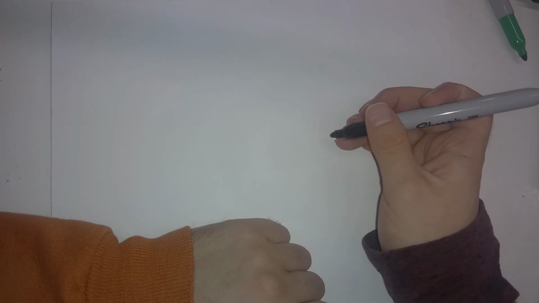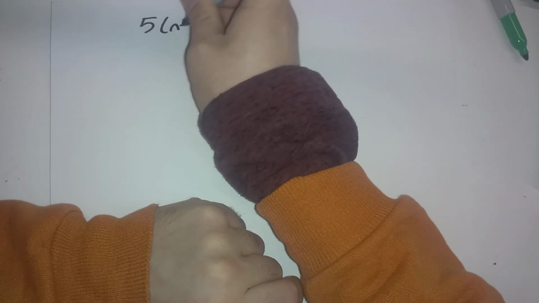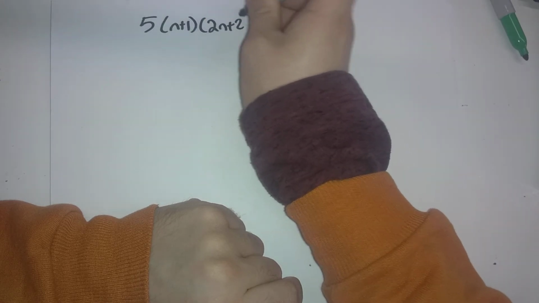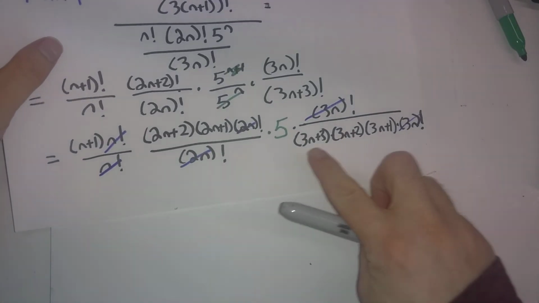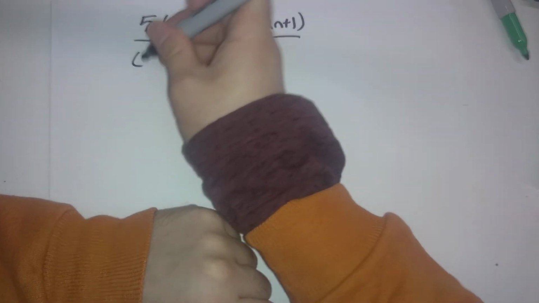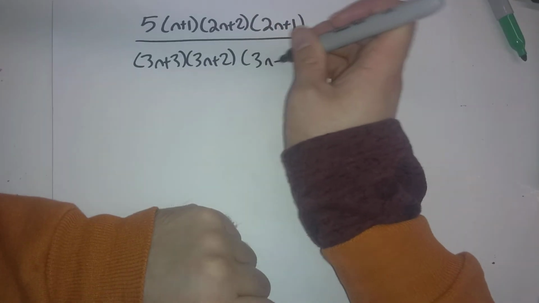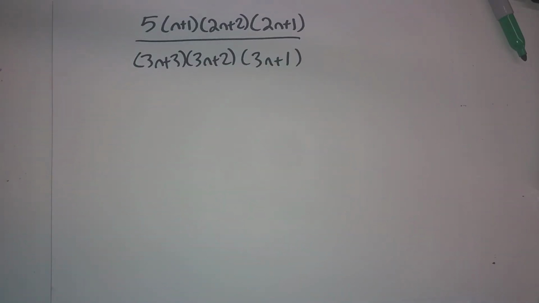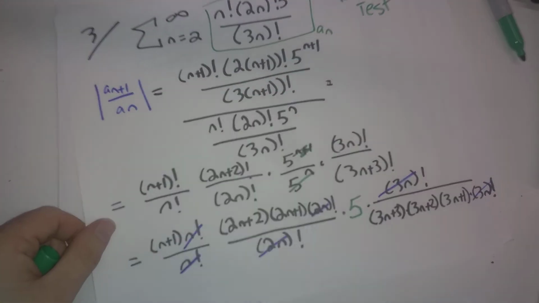We end up with the ratio: 5 times (n plus 1) times (2n plus 2) times (2n plus 1), and downstairs, we have (3n plus 3), (3n plus 2), and (3n plus 1). Okay, so this right here is the ratio of a sub n plus 1 divided by a sub n.